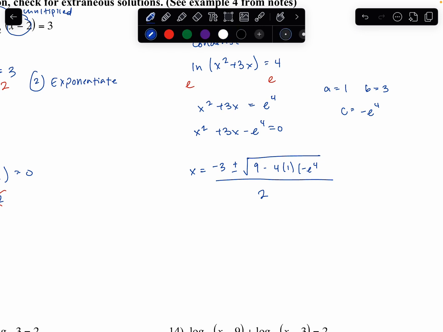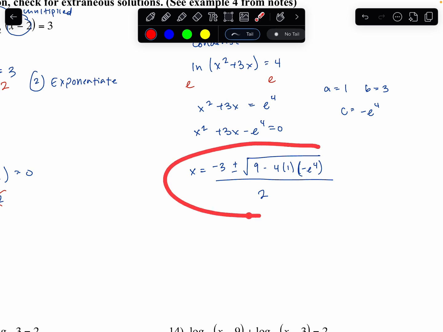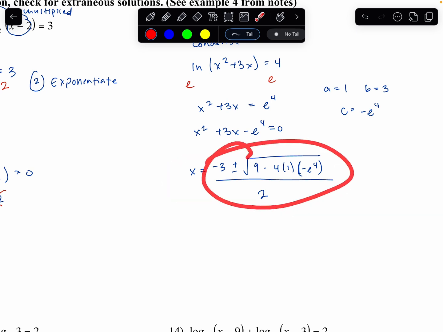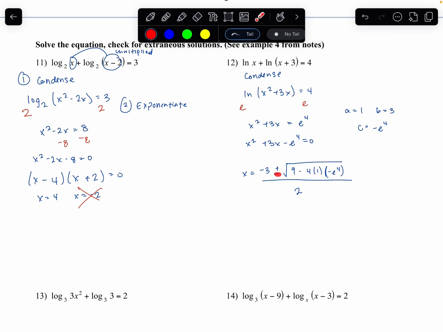Now this is the part that would be annoying. All you need to do is just plug this into a calculator, but that might be annoying, and you have to plug it in twice, for plus and for minus. But if you leave it right here, I'll be okay.